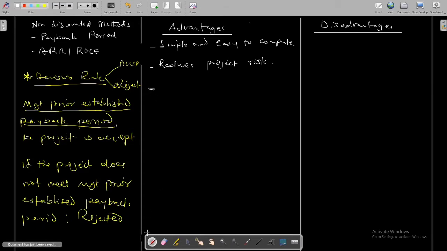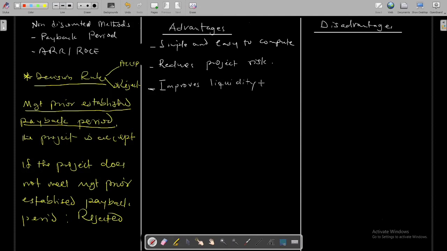Next, the payback period has another advantage, and that advantage is that it improves liquidity.